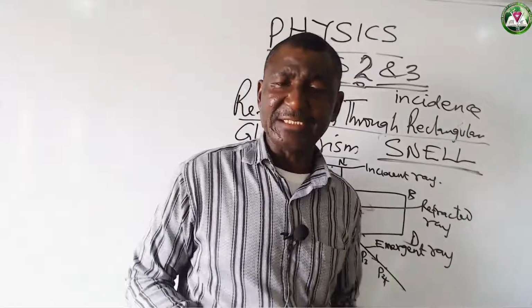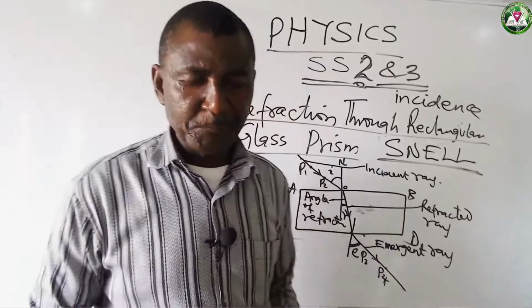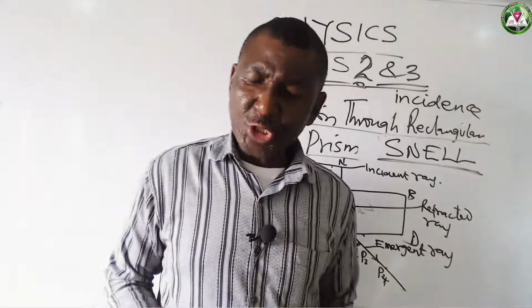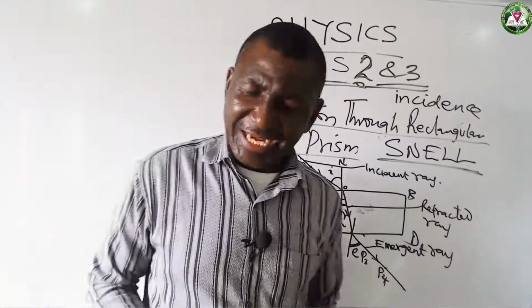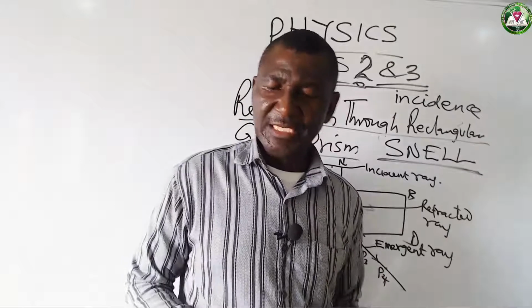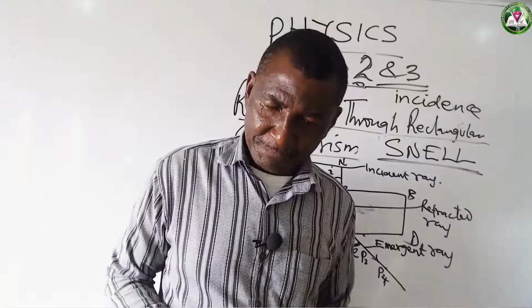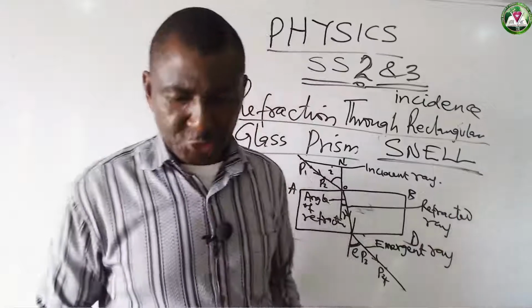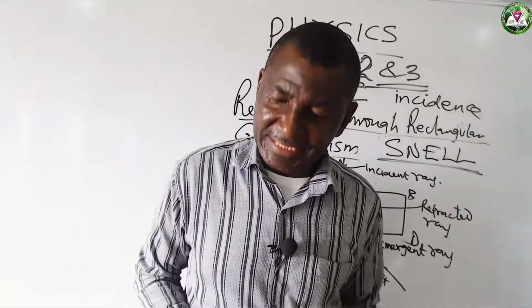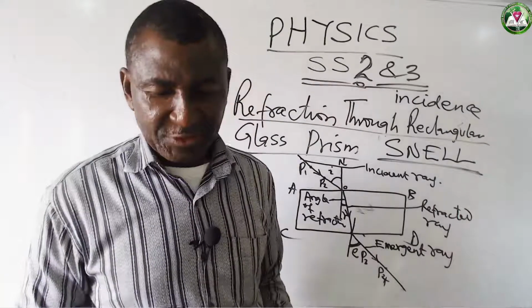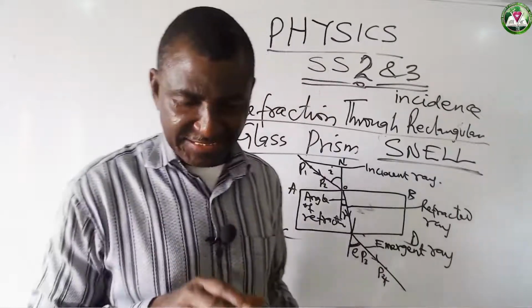So this law, law of refraction 2, which I told you is Snell's law, says the ratio of the sine of the angle of incidence to the sine of the angle of refraction is a constant for a given pair of media.